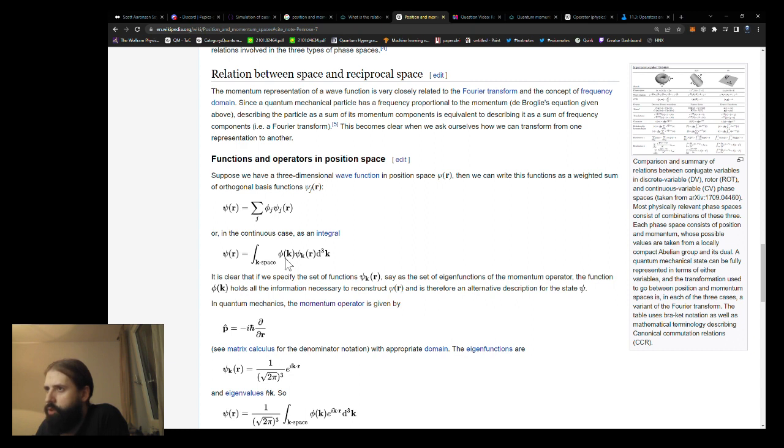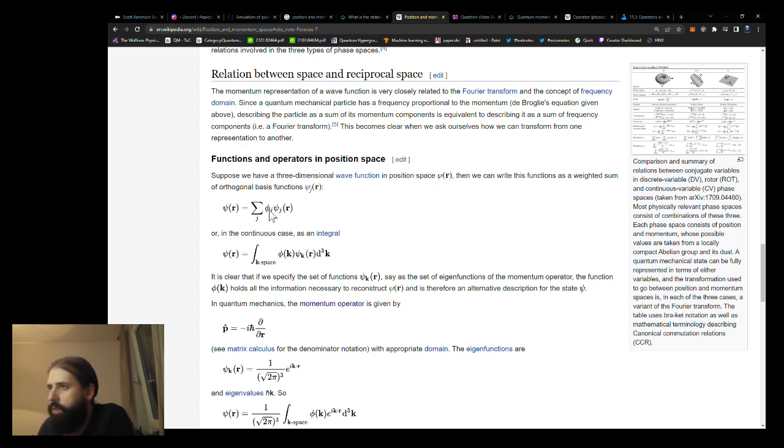In this case, what you know is phi. This is the known thing, right? What you're looking for in this case is psi in position space. This is what's confusing me.